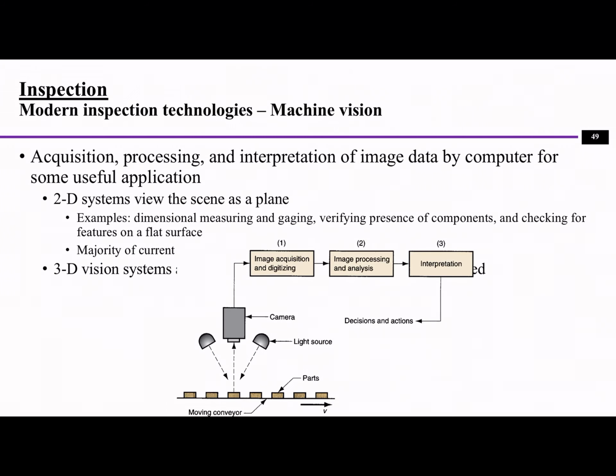Another one is machine vision. Machine vision basically takes pictures, right? You have a camera here. By using it, you can take some pictures or video and compare that with the standard, and then the computer system will analyze the image, using image processing, and see if it conforms with the standard or if there's any issue with the parts.